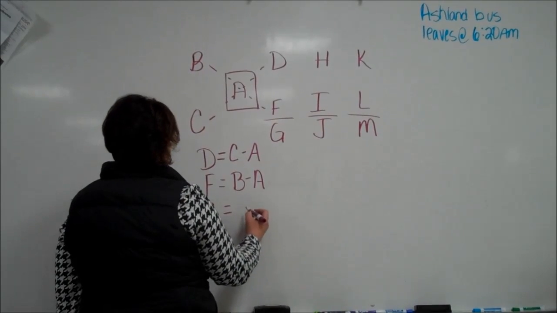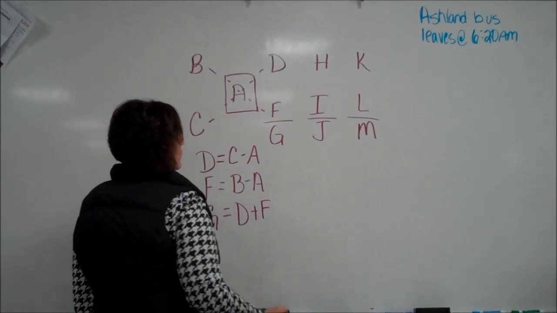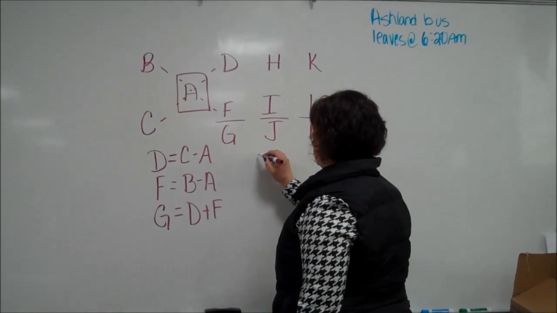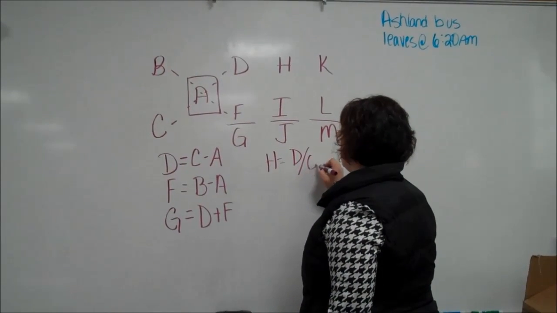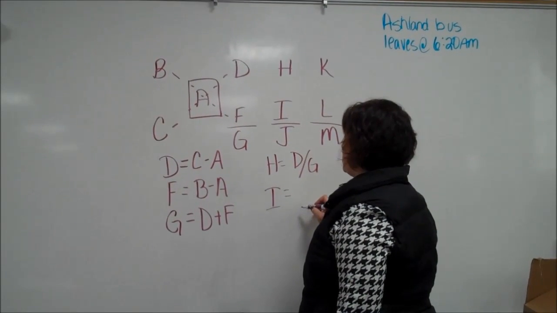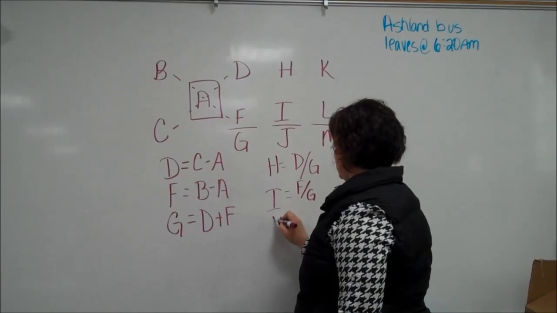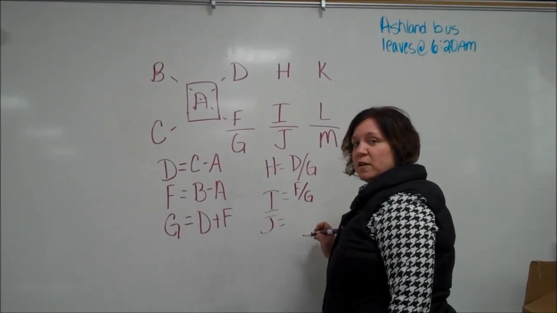G equals D plus F. Over here, H equals D divided by G. I equals F divided by G. J, to check yourself, always equals 1.0.